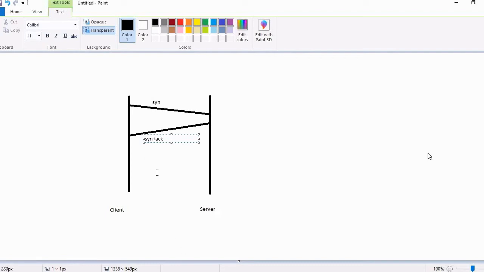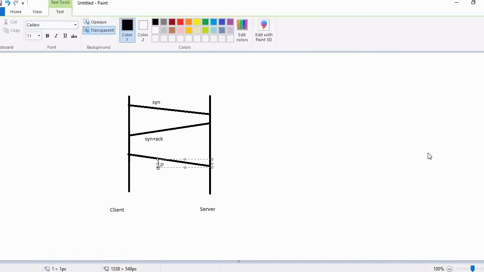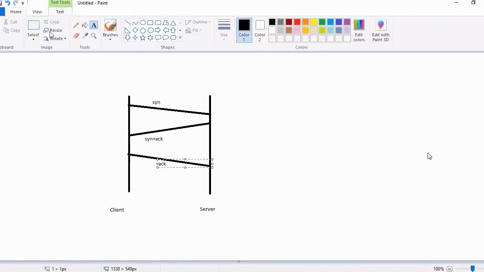Okay, so again, the client will respond with the acknowledgement. Acknowledgement for what? He acknowledged that yes, the server is available for the data transmission. So here again, the client will send an acknowledgement packet. So this is what three-way handshaking is. The connection will be like this. First, the client sends a sync packet.